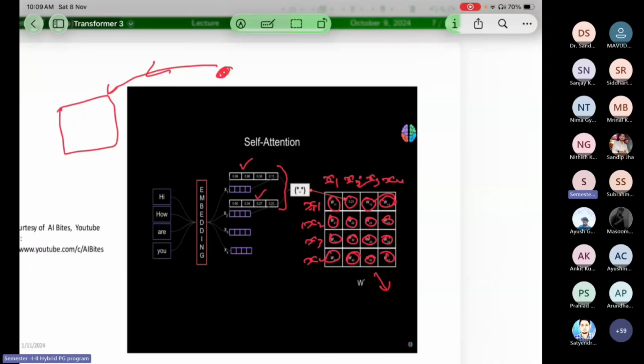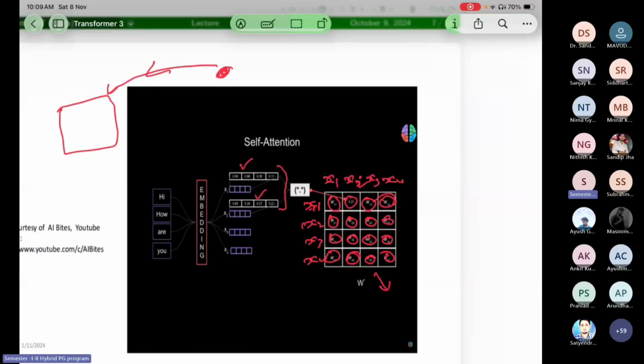So attention was already there. People were already using this type of concept, but the transformer came with a slightly different idea, and it says, hey, I'll be explicitly using this attention mechanism. In the past, most of the works were using this as an implicit process.